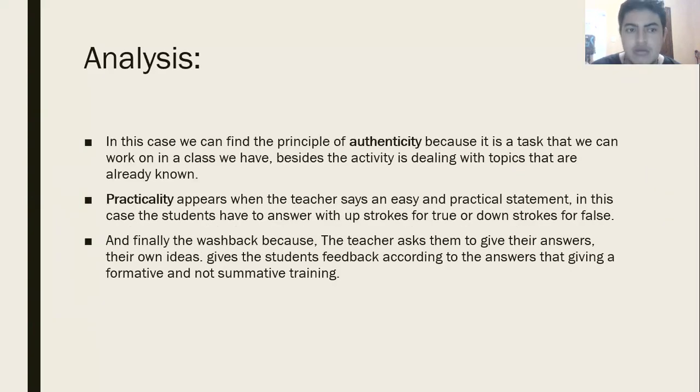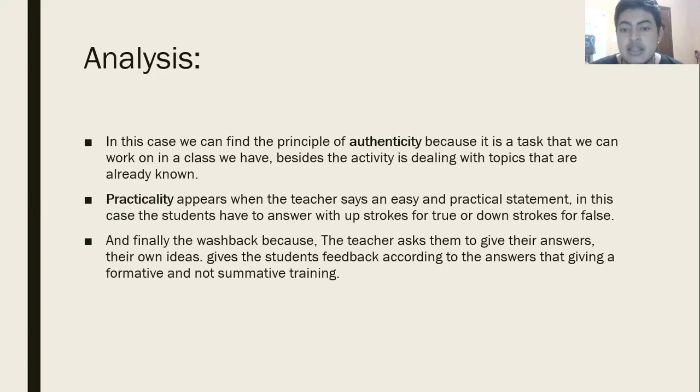The analysis of this case: we can find the principle of authenticity because it's a task that we can do in a class. Besides, the activity deals with topics that the students already know. Practicality also appears when the teacher says an easy and practical statement.